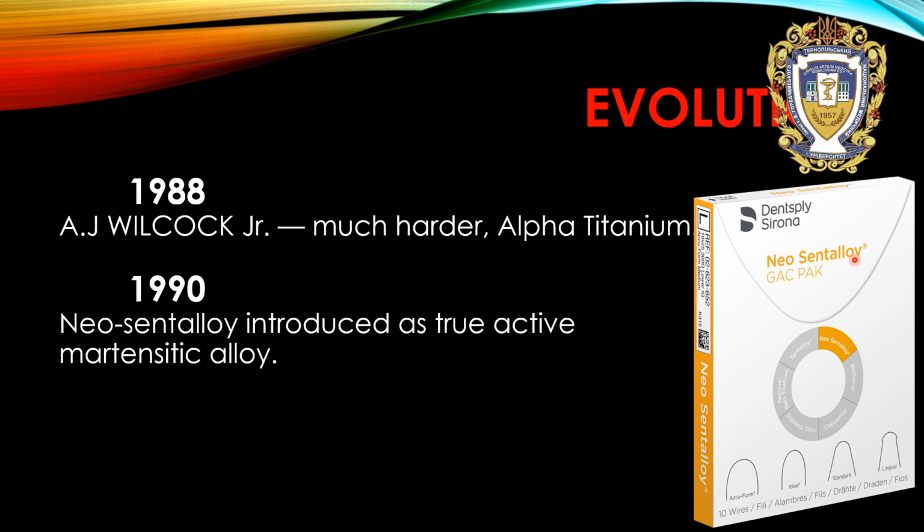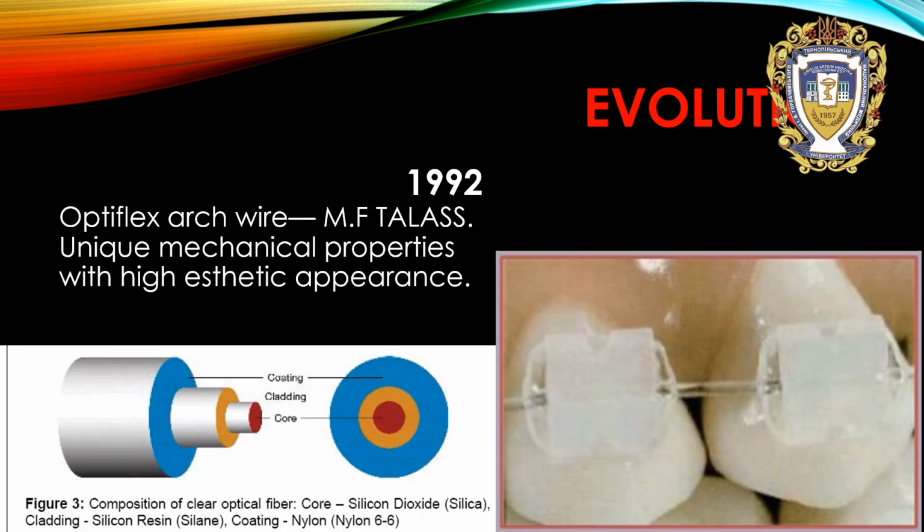In 1992, the OptiFlex archwire was proposed by the scientist Talass. It has unique mechanical properties with a high aesthetic appearance. This archwire is shown. As you can see, it's absolutely clear.